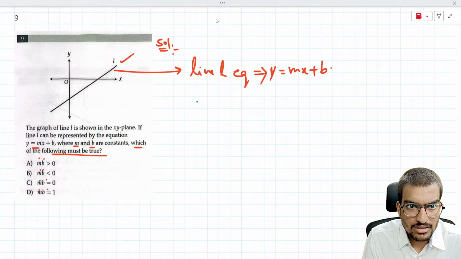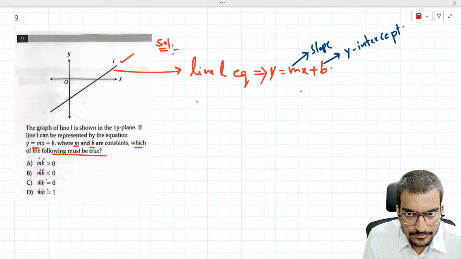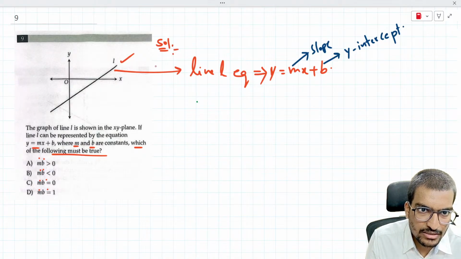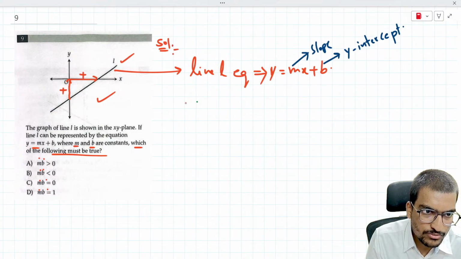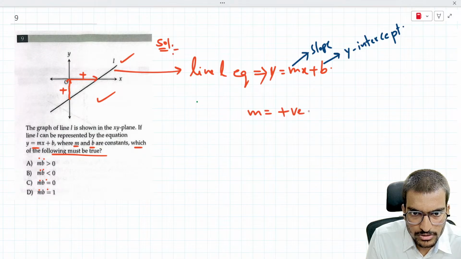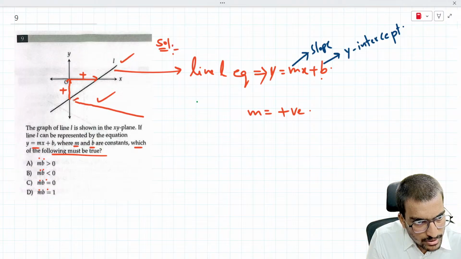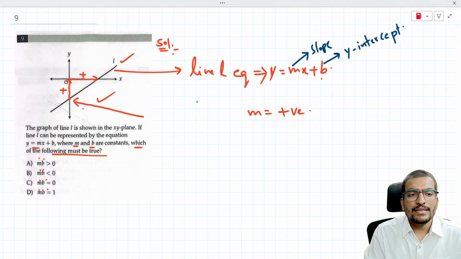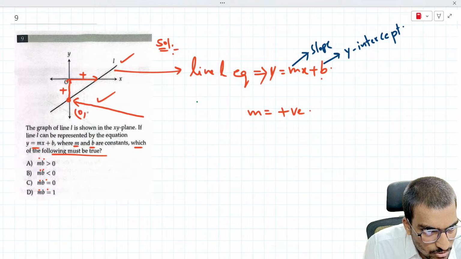What is this mb? m means slope, b means y-intercept. What is the slope of this line? Slope is rise by run. Slope is positive, m is positive. What is the y-intercept? The y-intercept is where the line crosses the y-axis, where x is 0 and y is something negative.